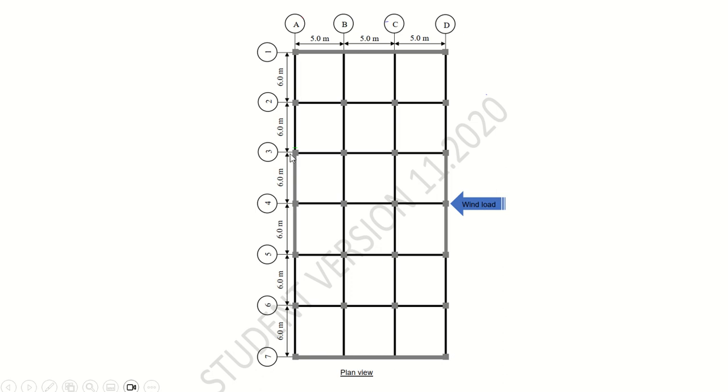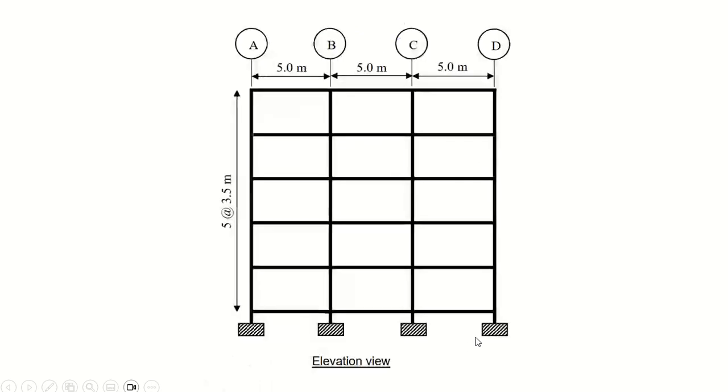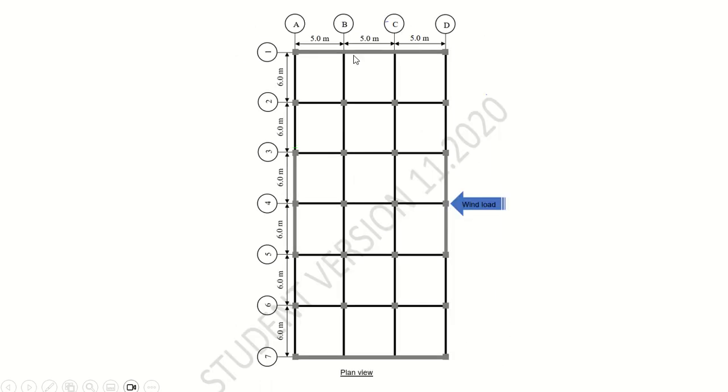Some of it is also located at grid line A and grid line D. However, since the wind load is coming from this direction, the shear walls that are effective to cater this wind load are the shear walls in grid line 1 and grid line 7. These two shear walls at grid line 1 and 7 have a thickness of 250 mm.